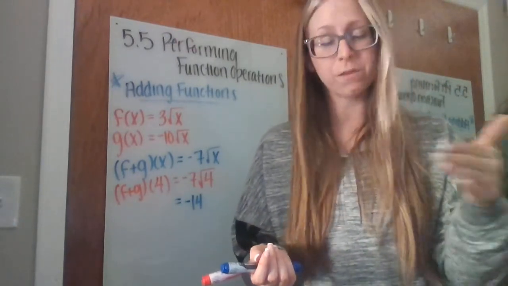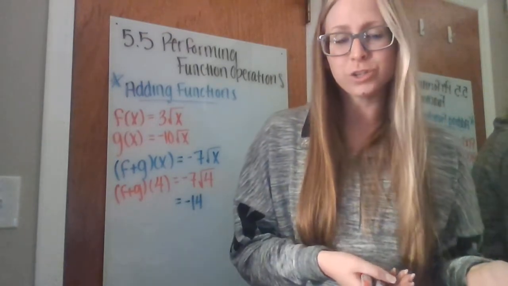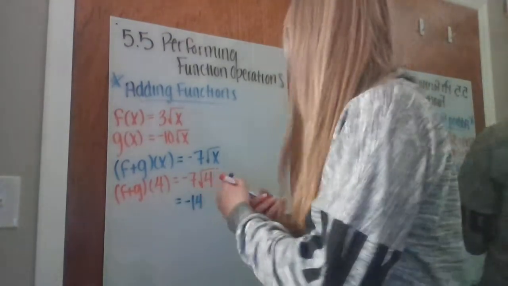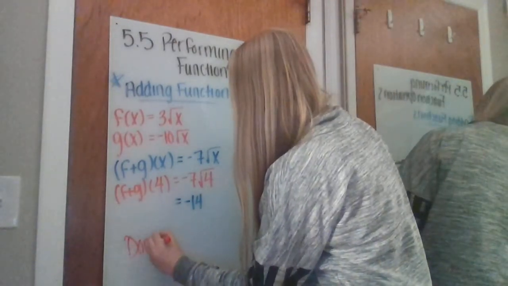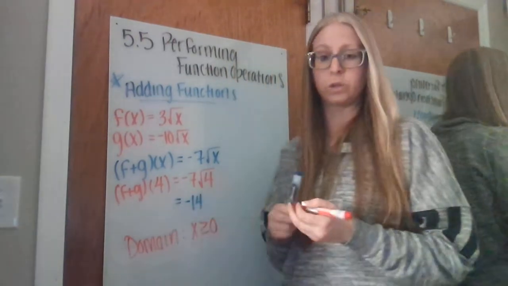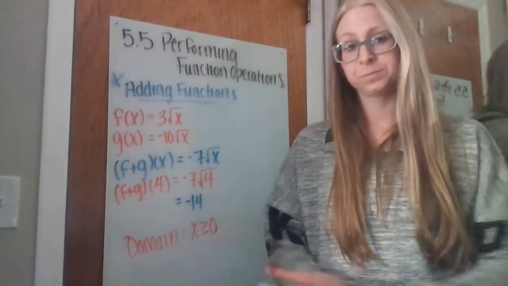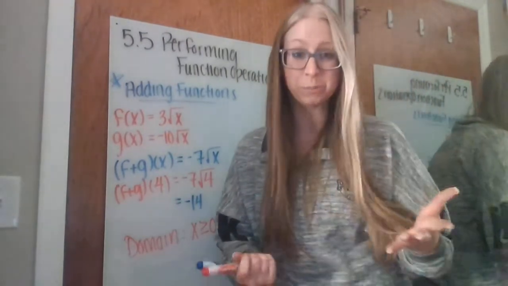So when you have even functions, your domain is x is greater than or equal to 0. When you have odd functions, your domain is all real numbers. So in this case, our domain is x is greater than or equal to 0, because you can't have negatives. Easy enough? I hope. All right, so now we're going to do subtracting.